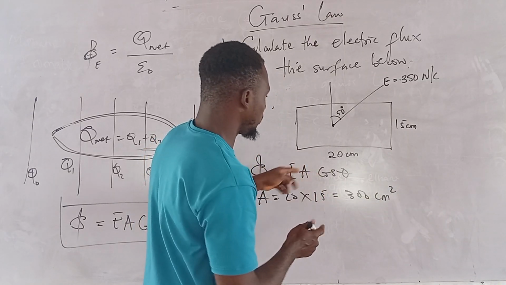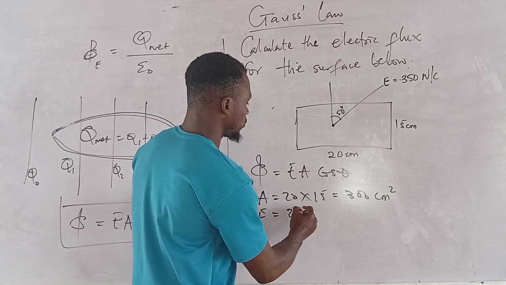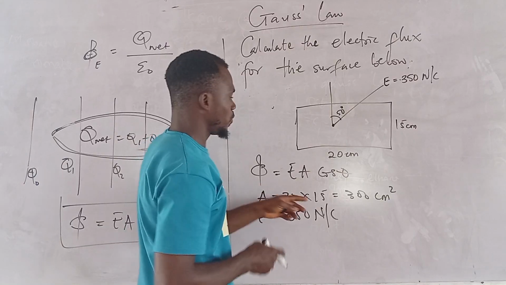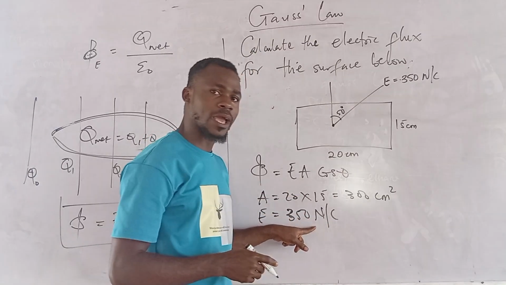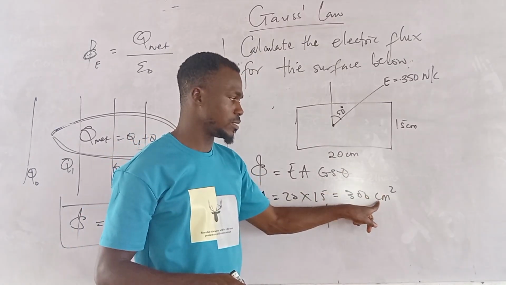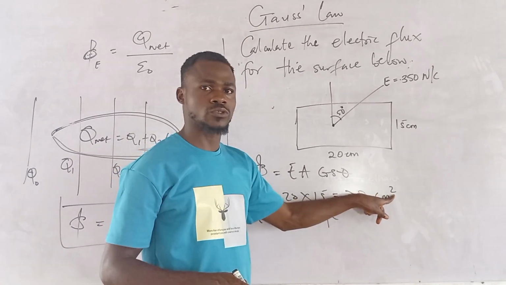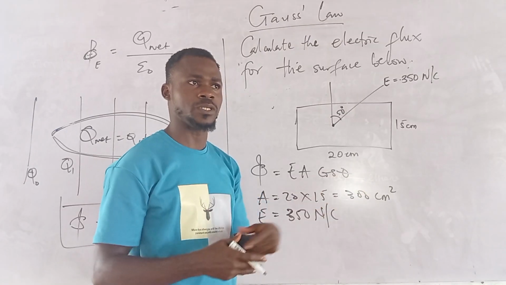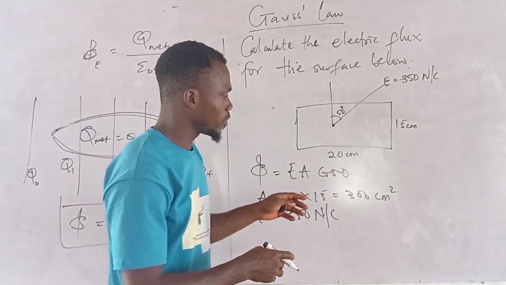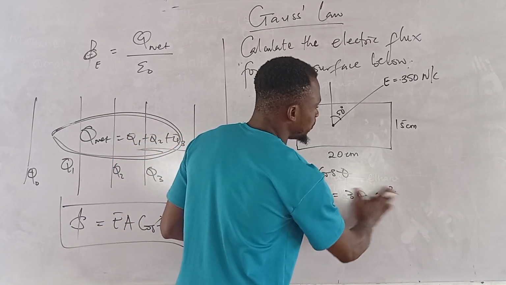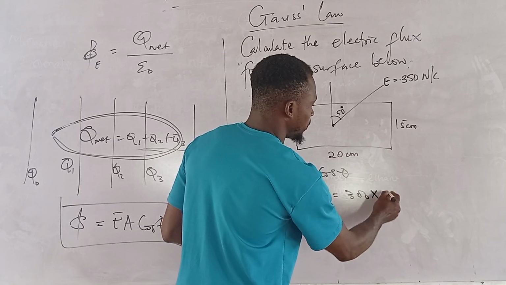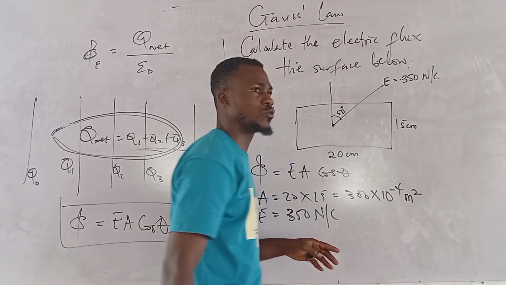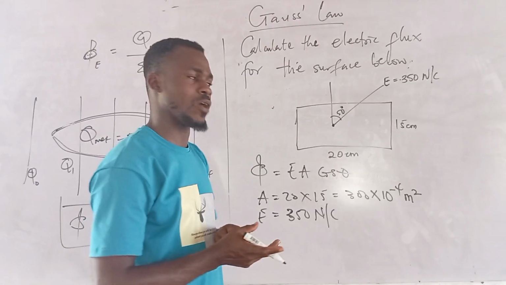Now, E is given as 350 Newton per coulomb, and the Newton is in SI units, so the centimeter should also be in SI units. So we convert centimeter to meter by multiplying by 10 raised to the power minus 4, and it will be in meter squared.